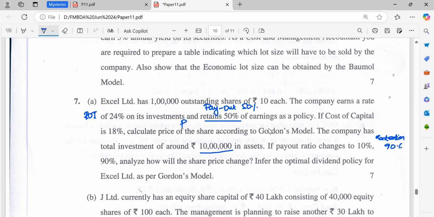And in the other case, retention will be 10%. So analyze how the share price changes, and infer the optimal dividend policy for Excel Limited as per Gordon's model. We have to infer which one is the optimal dividend policy.